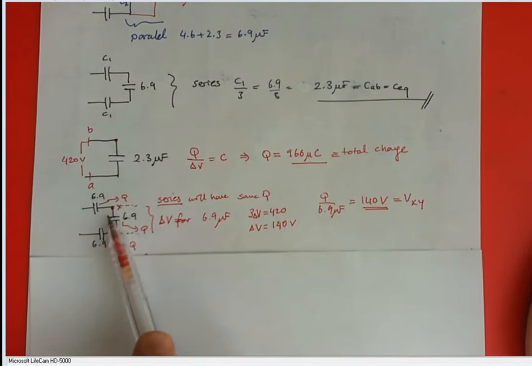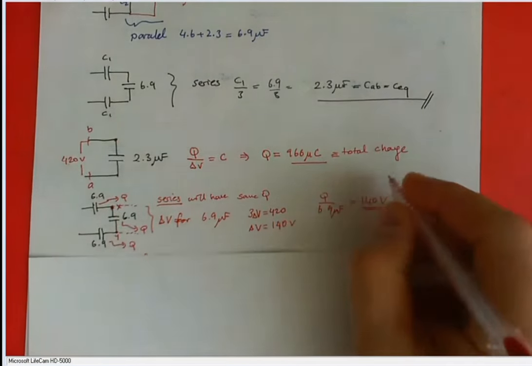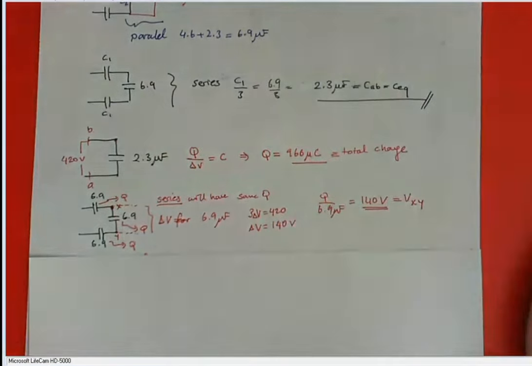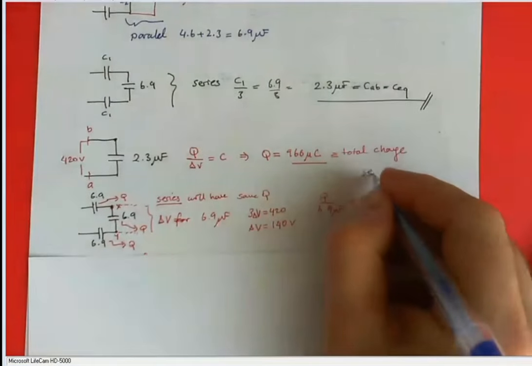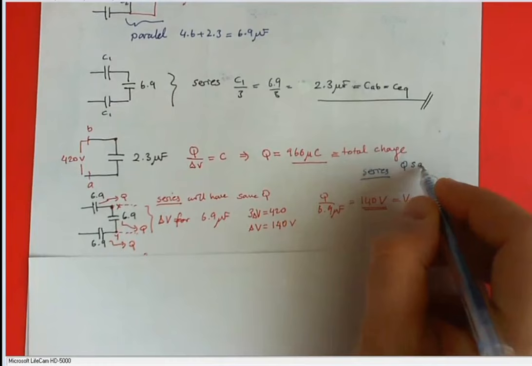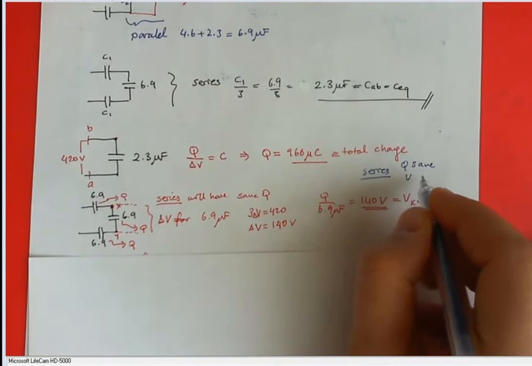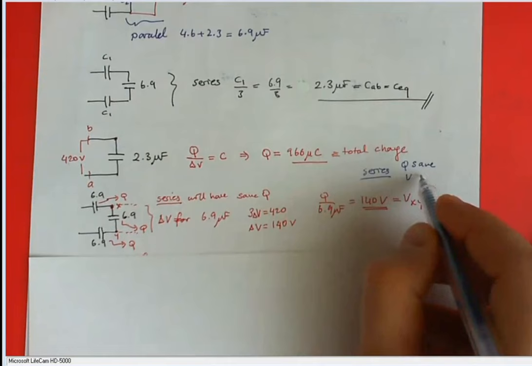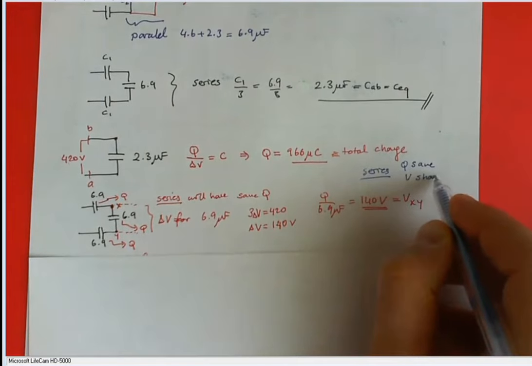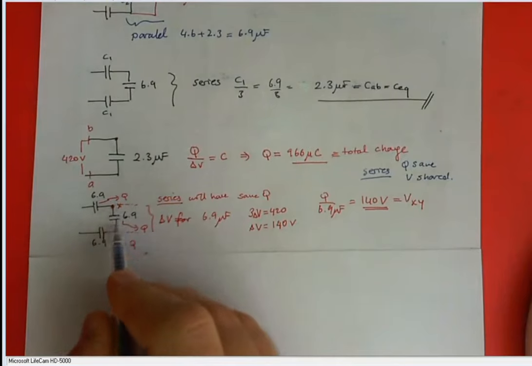Okay, so I can also figure out the potential of each of these. In series connections, the charge is the same, and the potential is shared, or distributed. At each point you can find the potential.